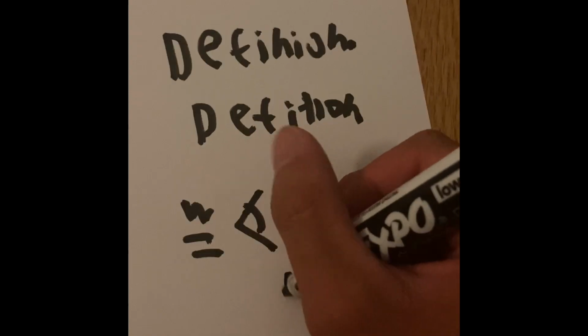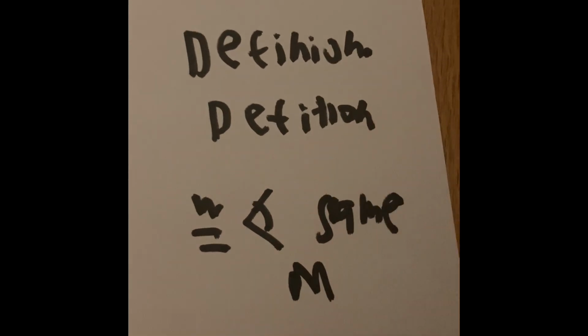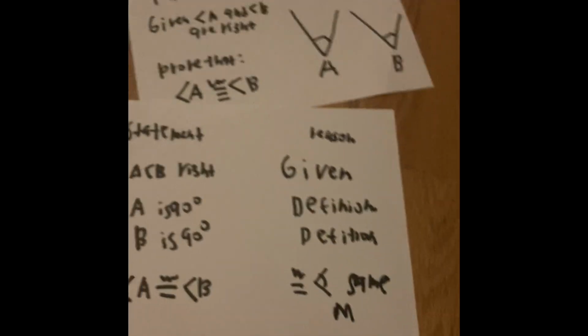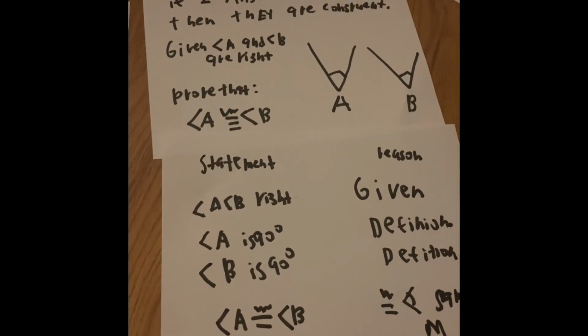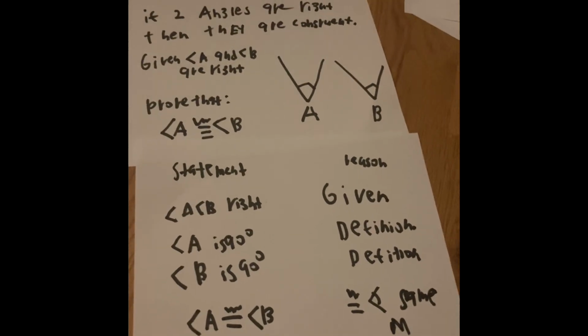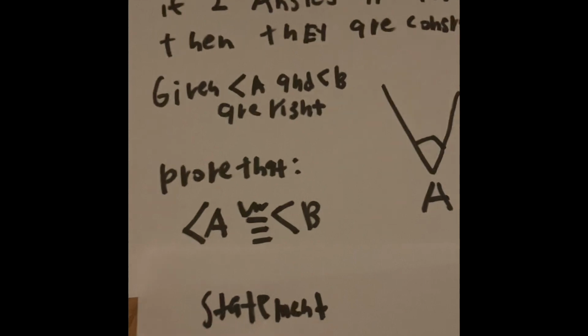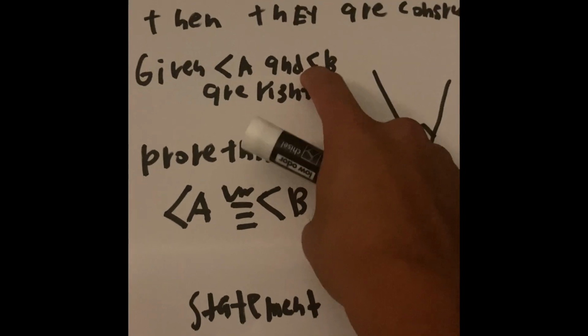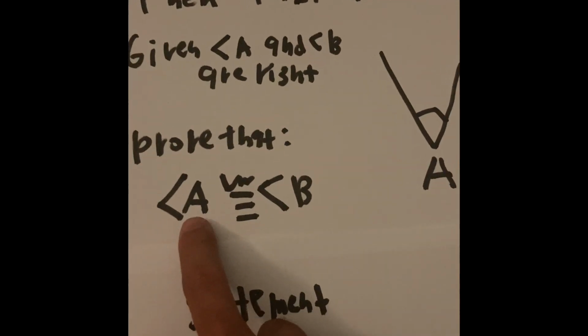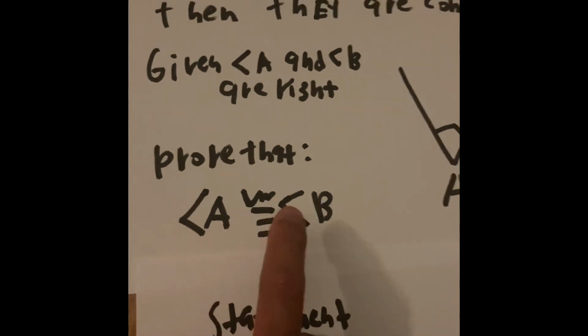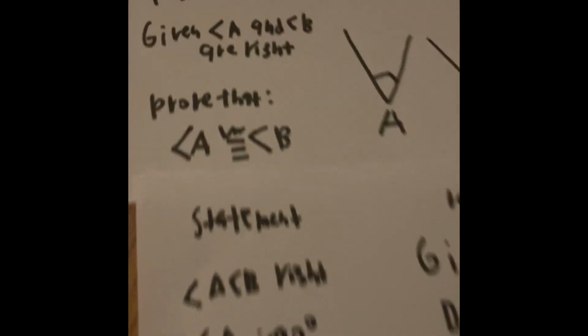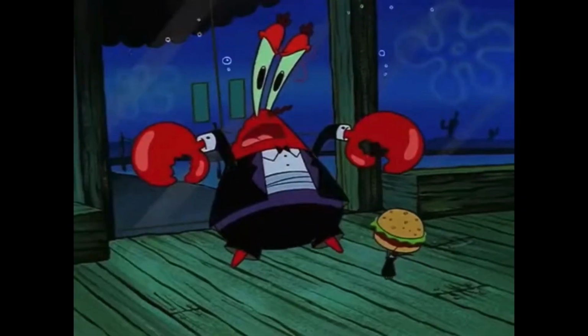The letter M is for measurement. So what we just did is our very first proof. We got from our given phase and proved that angle A is congruent to angle B.